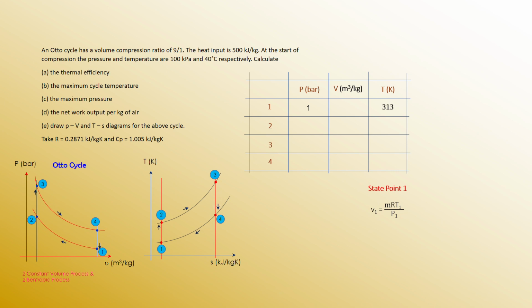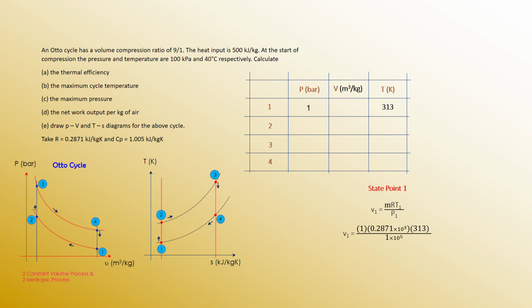The mass is not given, and it is unknown whether it's 1 kg or more. So basically we don't use this, or if you want to use this, we will have to assume that the mass is equal to 1 kg.